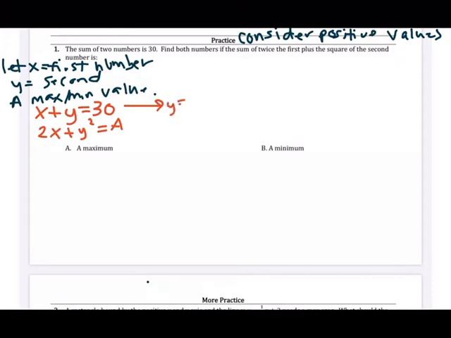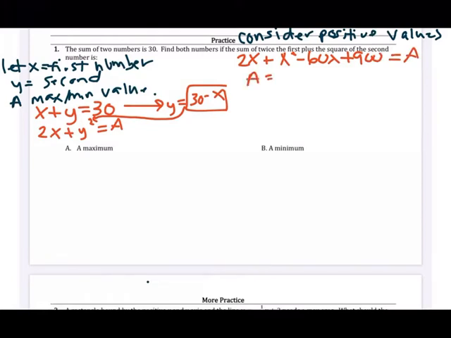This is going to be y equals 30 minus x. And I'm going to substitute that into the second equation. So that's going to give me 2x plus, if I just do a little algebra and square 30 minus x, that's going to give me x squared minus 60x plus 900 equals A, and then I'm going to combine like terms, x squared minus 58x plus 900.